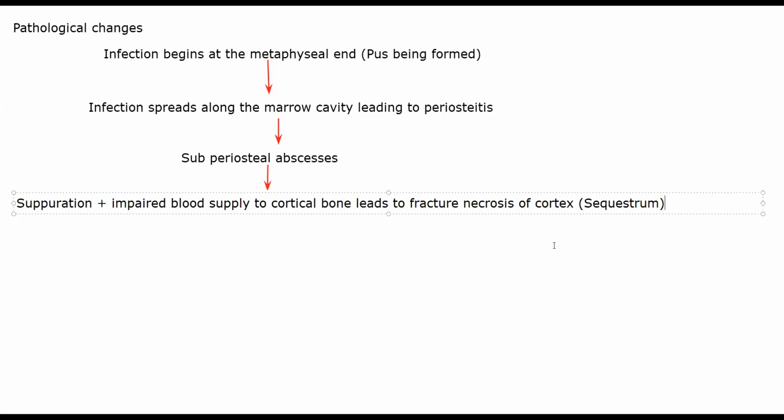Now that pus, because of the increased pressure, will impair blood supply, leading to necrosis. Around that whole necrotic, suppurative area, you will have new bone being formed. Literally, osteogenesis will occur. And that sheet which is formed around the necrosed bone will be called involucrum.